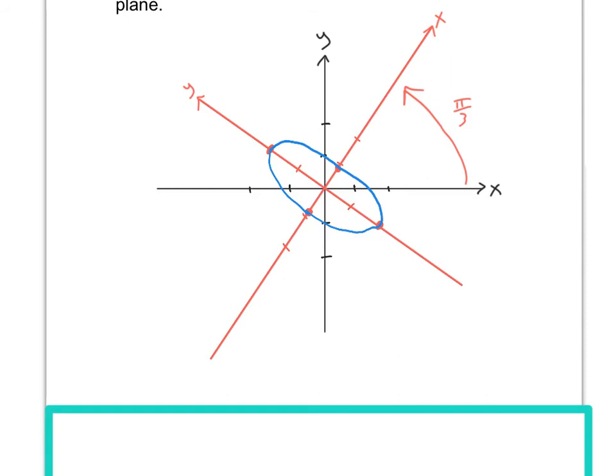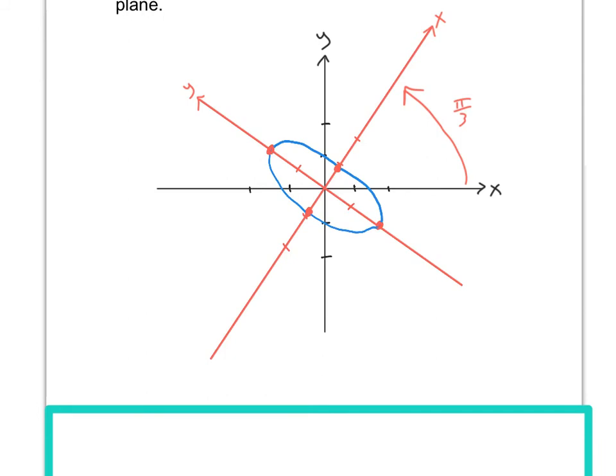Now if I ignore what I have for my red x and y and look at the blue ellipse in the context of my normal black xy axis, you see that the ellipse is kitty corner. It's not vertical and it's not horizontal. It's angled, which means it's been rotated. So now what we want to do is find out what these points are in the black universe.